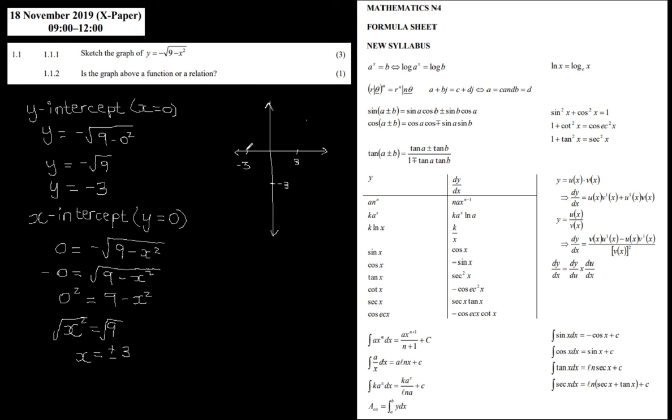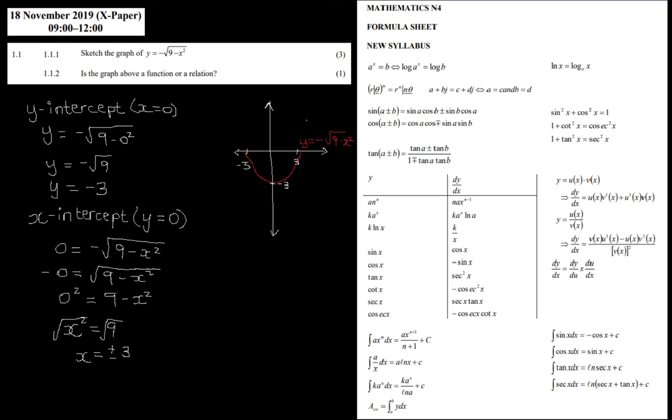That means my graph will go through those 3 points like that. And remember to always label your graph. So in this case, we're going to have y equals negative the root of 9 minus x squared. Okay, and that is question 1.1.1.